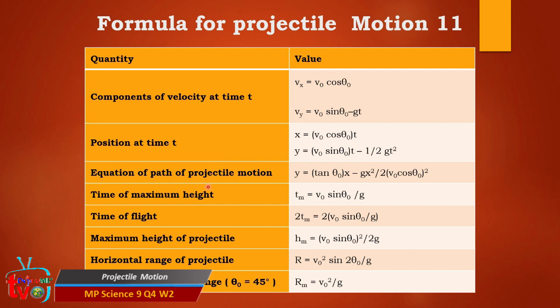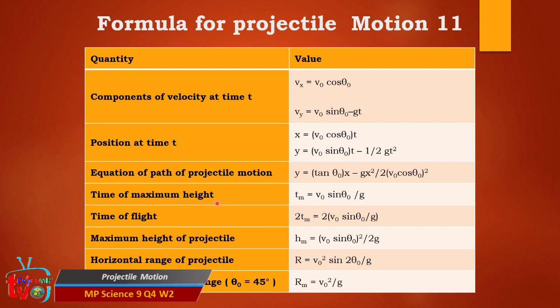The equation of the path of the projectile motion is y is equal to the quantity tangent theta times x minus gx squared over 2 the quantity initial velocity cosine theta raised to the second power.